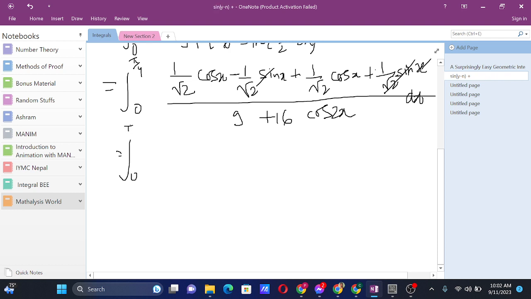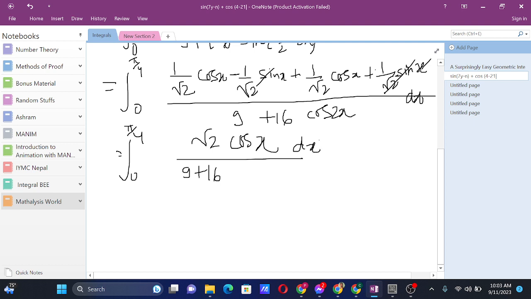Integral from 0 to pi by 4 of root 2 cos x over 9 plus 16 times (1 minus cos 2x)... Since here is cos x dx, we'll try to make it in terms of sine. So 1 minus cos 2x is 2 sin square x, giving 1 minus 2 sin square x.